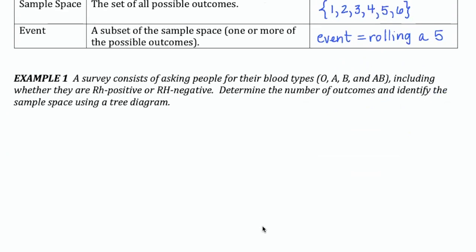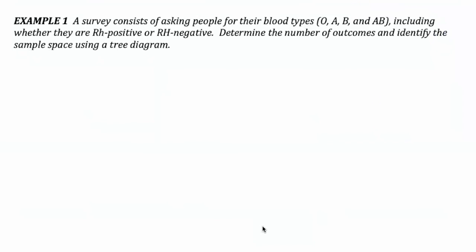So let's look at a first example here to see some of the tools that we use. A survey consists of asking people for their blood types. There are 4, O, A, B, and AB, including whether they are Rh positive or Rh negative. Determine the number of outcomes and identify the sample space using a tree diagram.